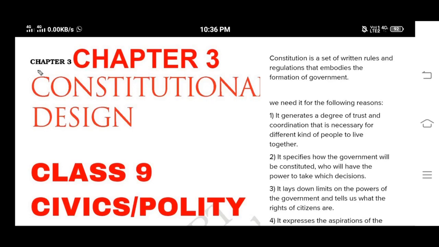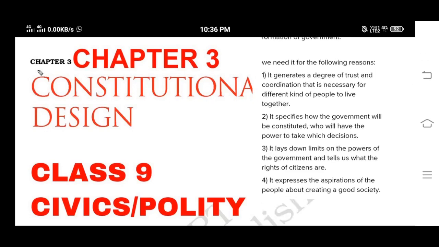Third one, it lays down limits on the powers of the government and tells us what the rights of citizens are. This means that no one can use unlimited powers.